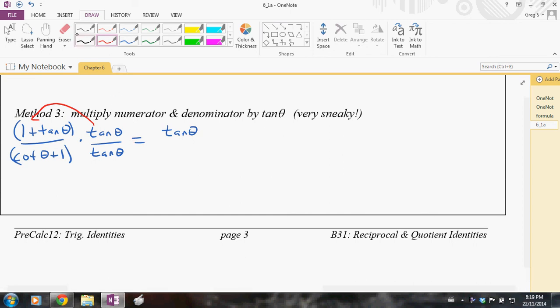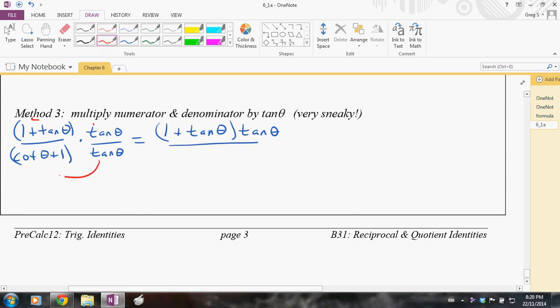It's so sneaky that if I actually multiply it out, it's not what I want. You'll see in a second. I'll just rewrite the numerator like this, times the tan of theta, because the whole purpose for multiplying was what's going to happen in the denominator. So I'll erase this red one there, and I will put it in the bottom. Now let's do the multiplication just in the denominator.